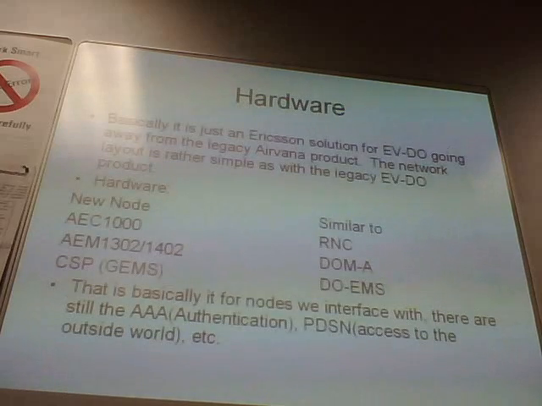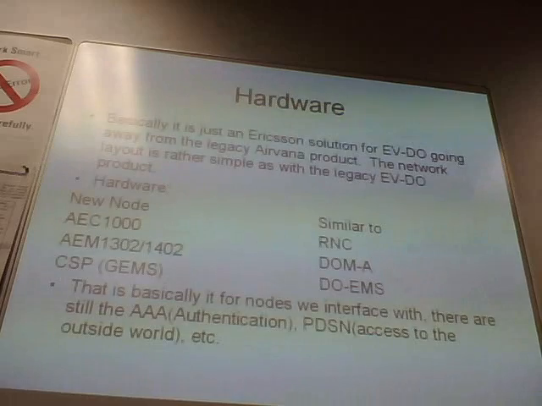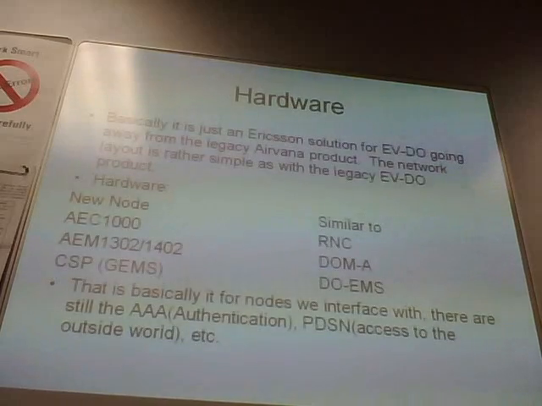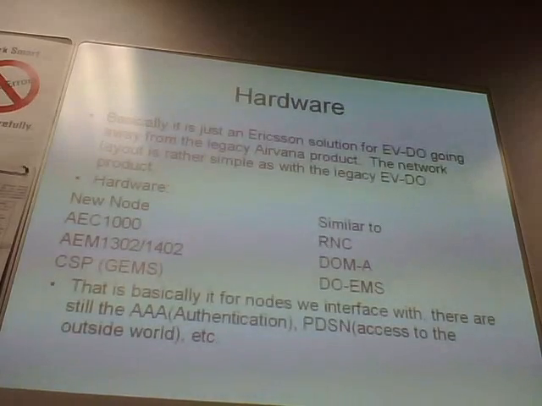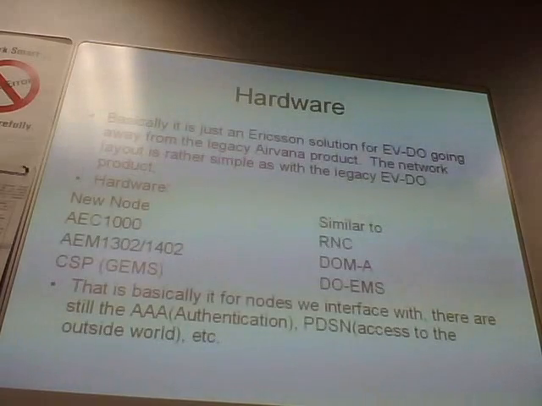The new CSP, or the Vision BSC, is a pair of blades sitting on a shelf. On the legacy BSCs, it's 2 big Nitro 1280 servers, and 2 of them take up a whole cabinet. So that goes to just being a pair of cards. It's the exact same pair of cards, just configured differently.